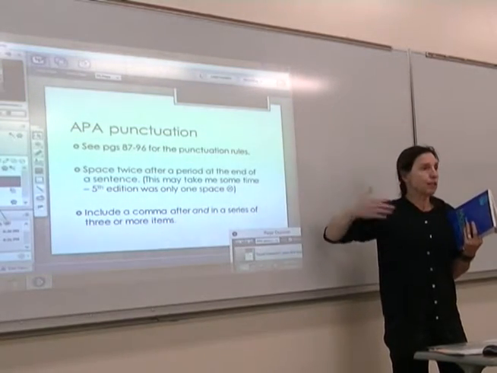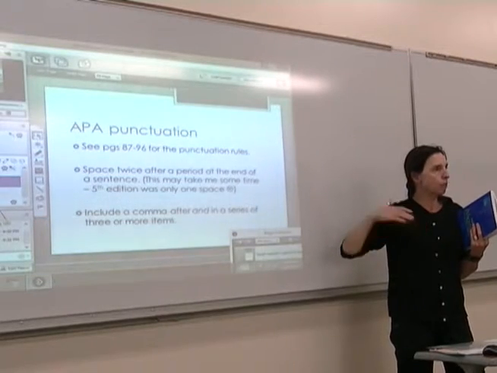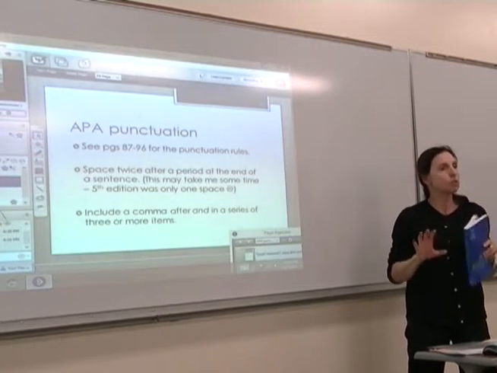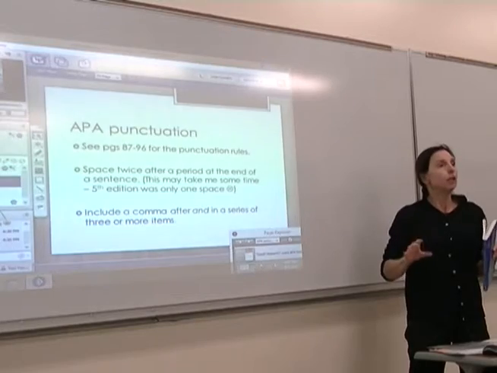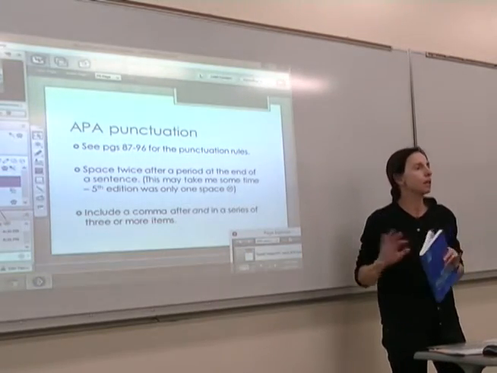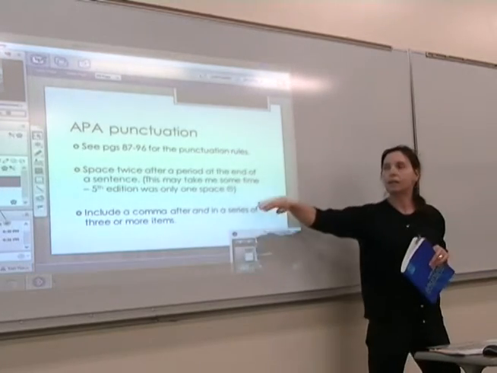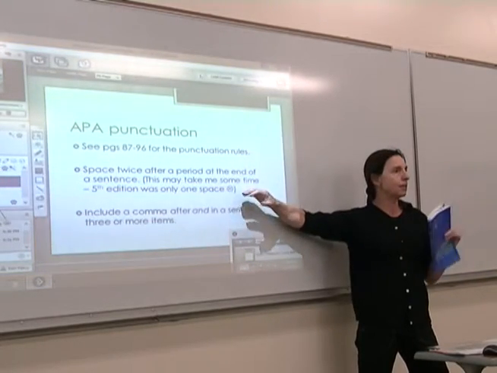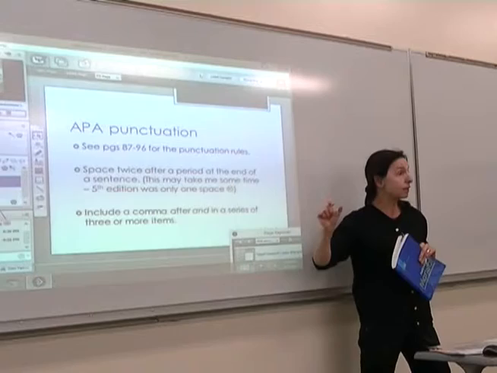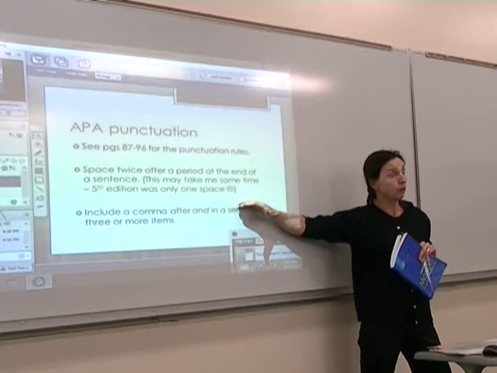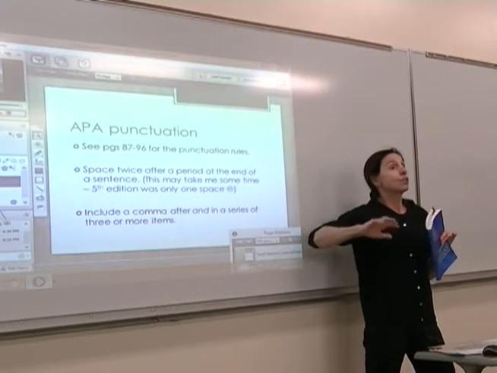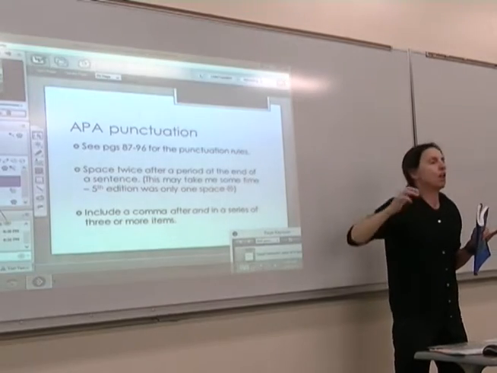That's quite frustrating for people of my generation because when in school we were learning to type, you have to press the space bar twice, and so that's the motor pattern that you learn. And then in the 5th edition of the APA, they decided you could only have one space after the period. So you had to relearn not to type the space bar twice. And then we get to the 6th edition and it goes back to 2 spaces.